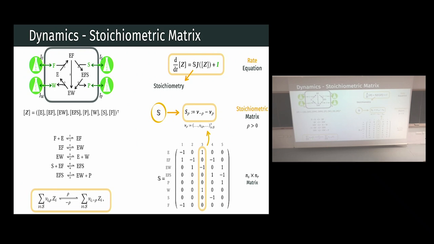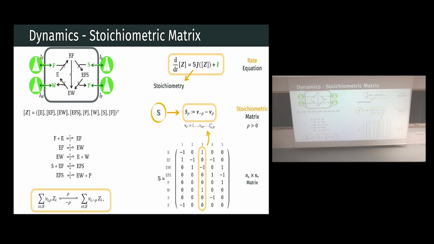You have for each reaction rho the stoichiometric coefficient i of the species i. And on the right-hand side, you have a combination of species, Zi, weighted with the stoichiometric coefficients of the backward reaction. I use minus rho for the backward reaction of reaction rho.